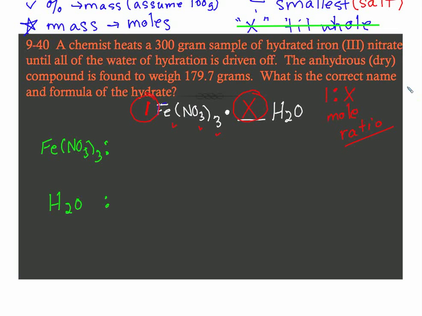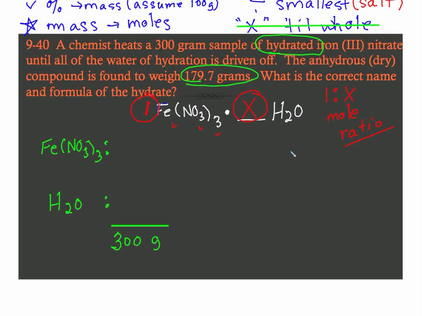Now, we are given two values, and you have to be really careful with your wording here. You see that we have the hydrated iron 3 nitrate. That means the iron 3 nitrate with its water is 300 grams. Hydrated means with water. So this mass plus this mass, the total mass is 300 grams. Now, we heat it up, we drive off the water, and we'll be doing this in lab.